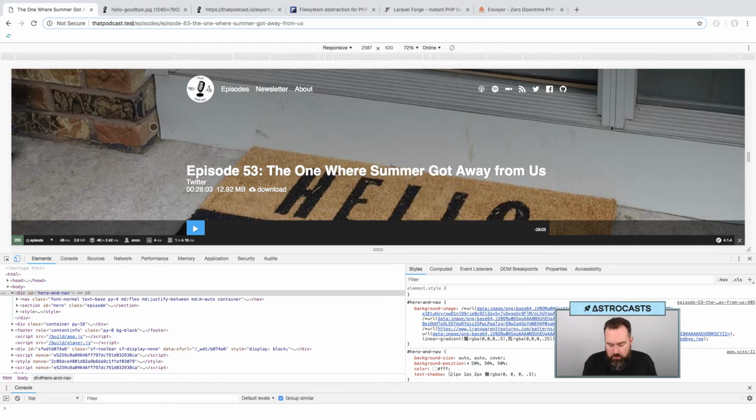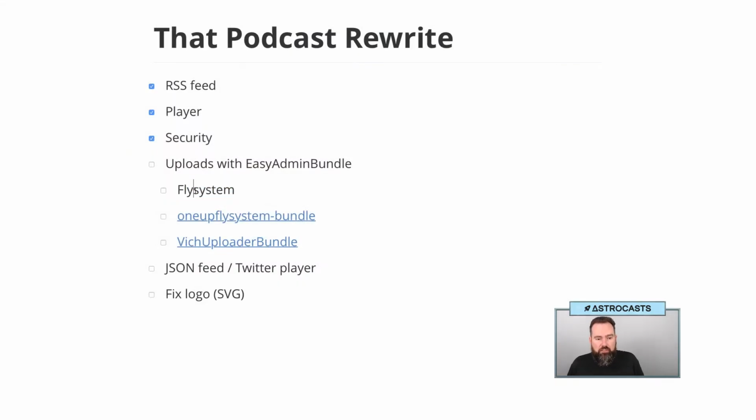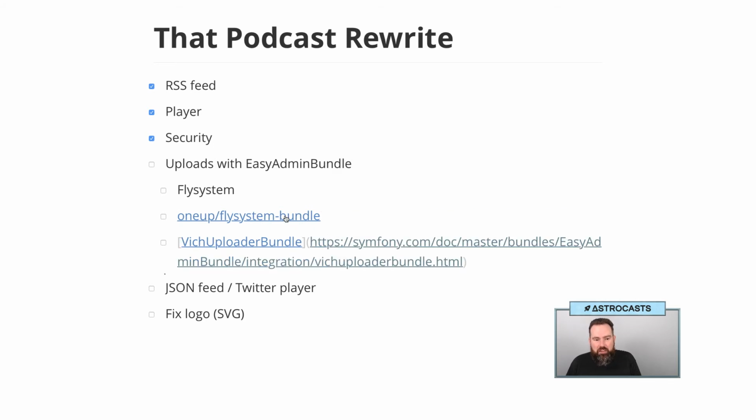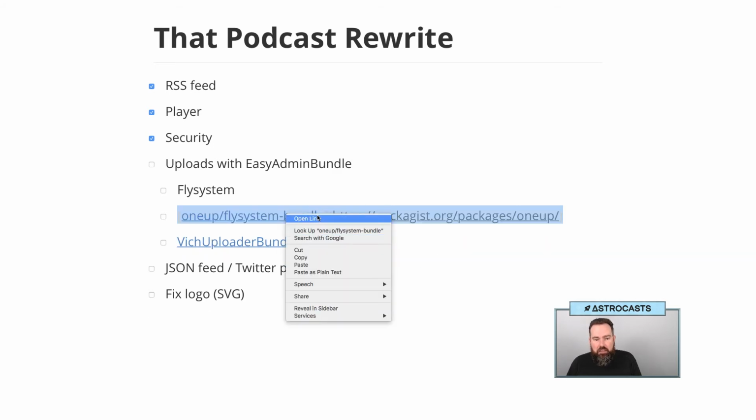So if we want to do this with Flysystem, I could just do it out of the box. But I found that there is actually a bundle in place to make working with it easier in a Symfony application.